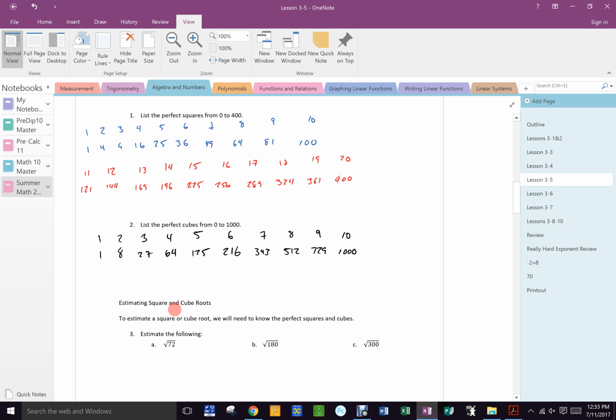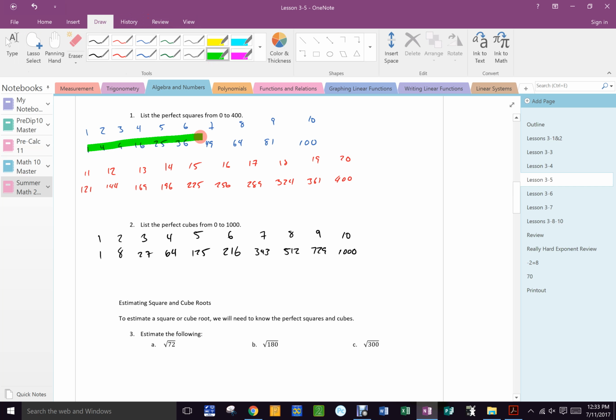So I'm going to estimate the square root of 72. Where does 72 fit in on this line? It's right there, yes? Here is 72, correct? So, 64, 81. Square root of 64 is 8. Square root of 81 is 9. 72 is somewhere in the middle.